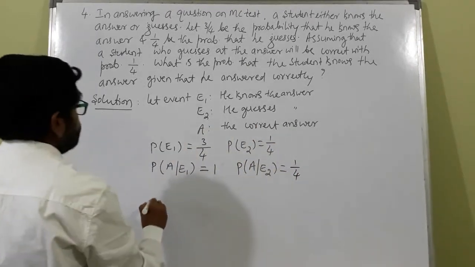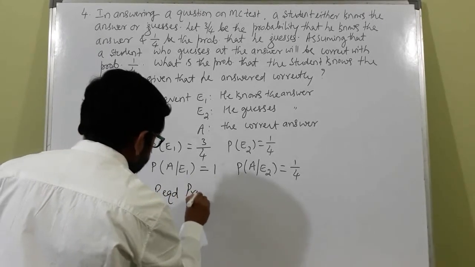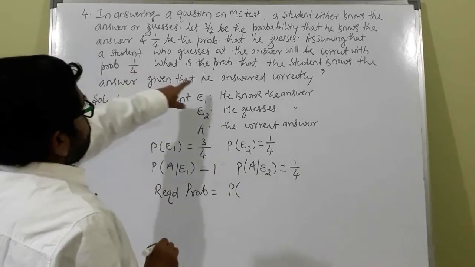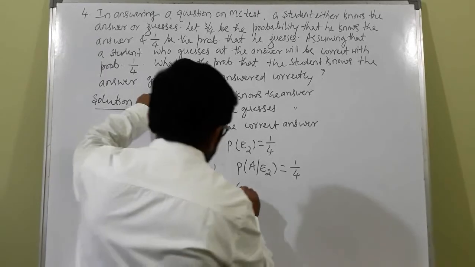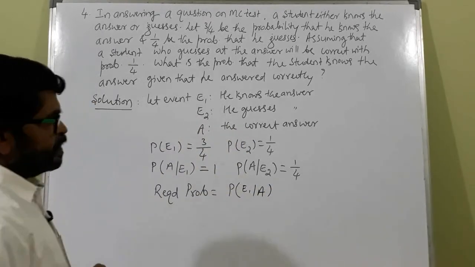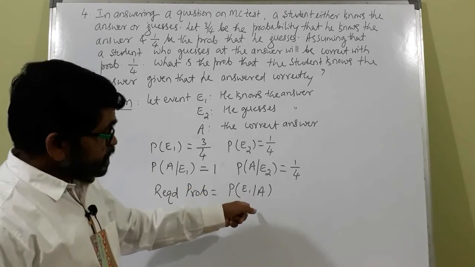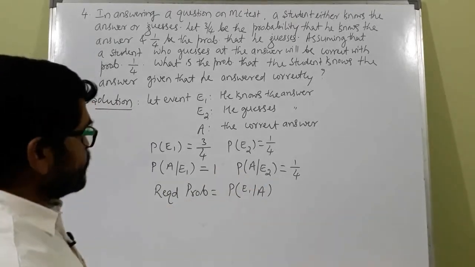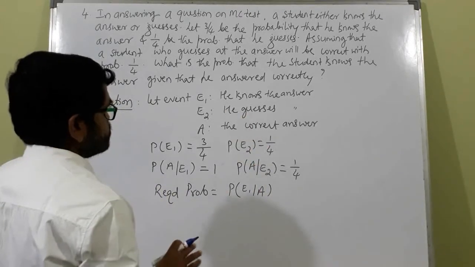So, what you have to find, the required probability, is the probability of E1 given A: the probability that he knows the answer given that he answered correctly, or the answer is correct when actually he knows the answer.